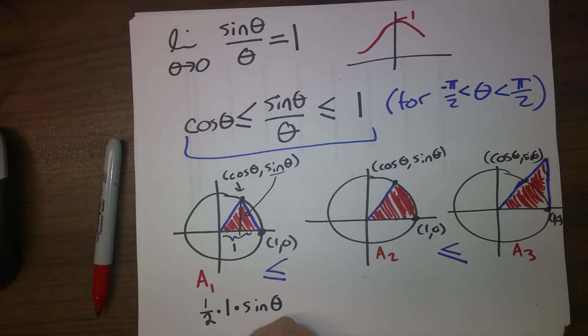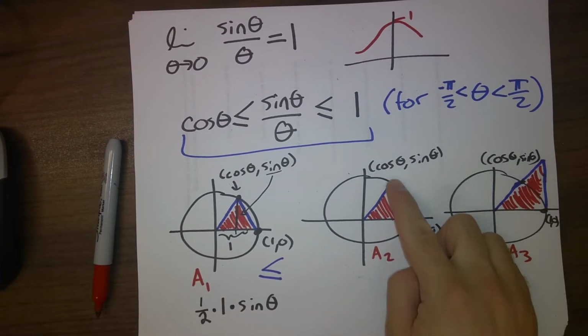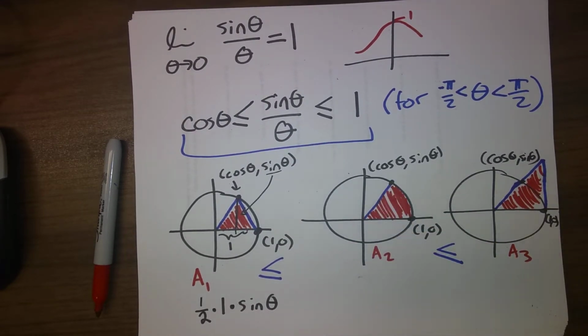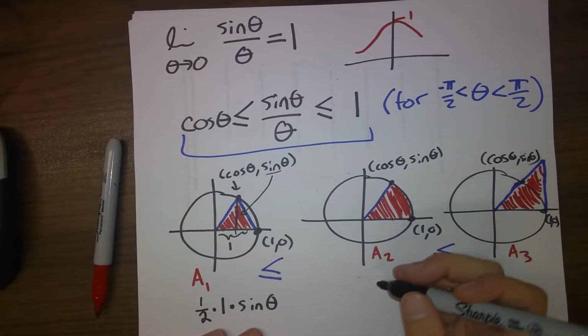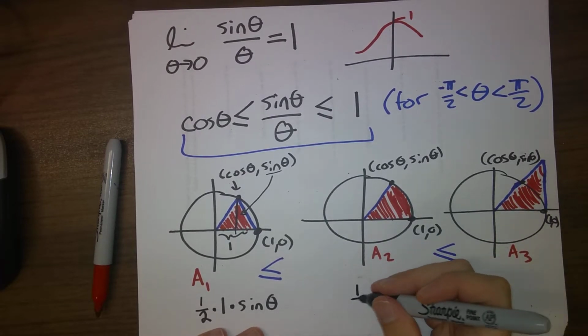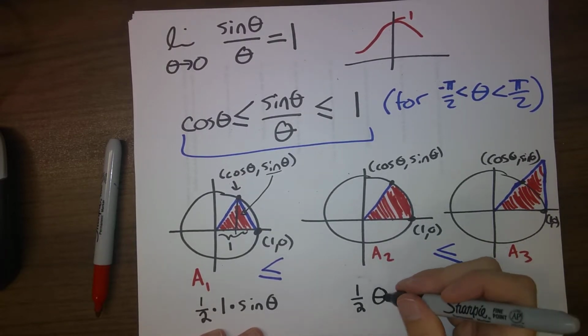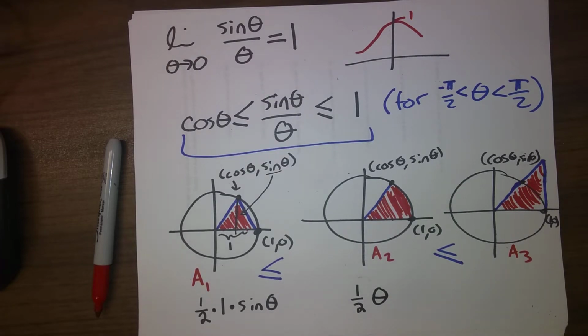Okay, now let's look at the second region. The second region is just an entire pie slice, an entire pizza slice. And so the area of a sector, this is a high school geometry fact, is just 1/2 times the value of theta. Quick confirmation of that.